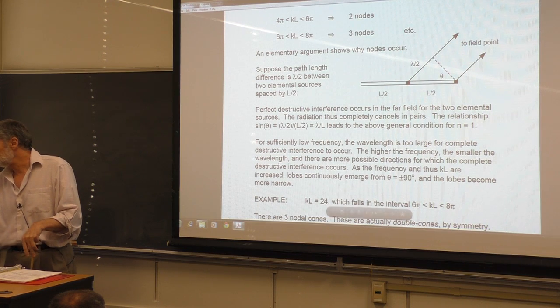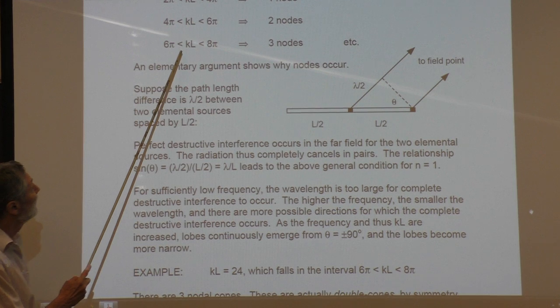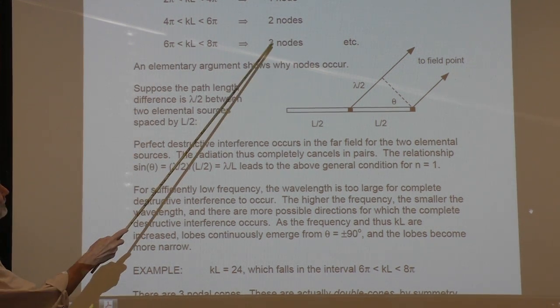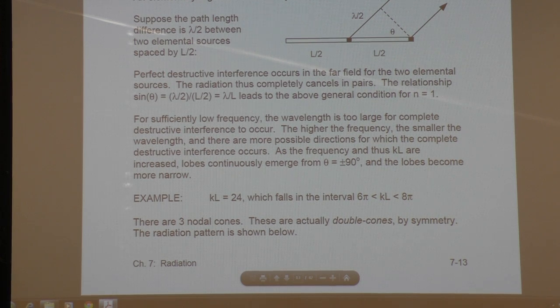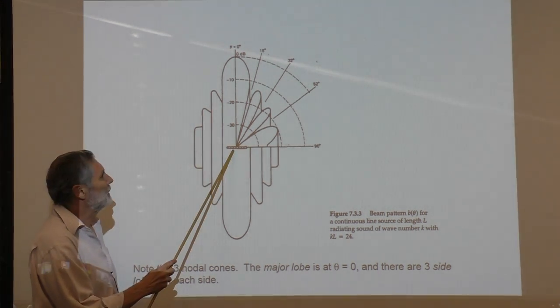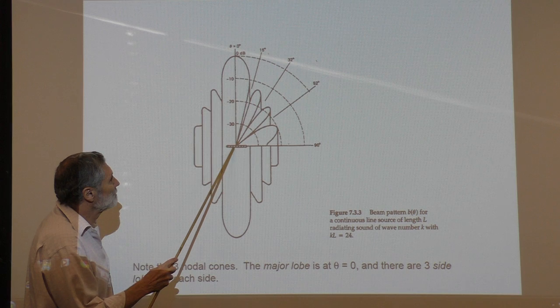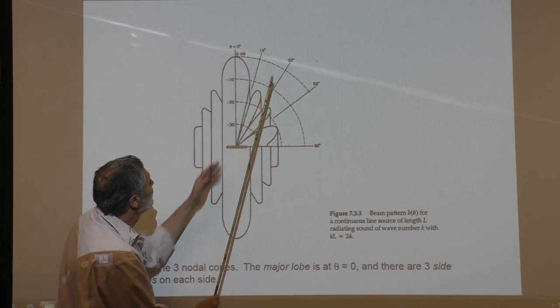So here's an example. Here's KL. The KL number is 24. And that lies in here. There's going to be 3 nodes. This is from the book. Okay, so here's our source right here. And remember, theta is measured from the perpendicular bisector here.